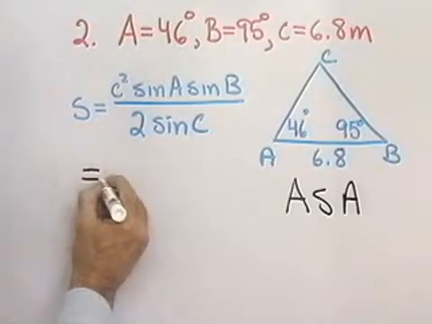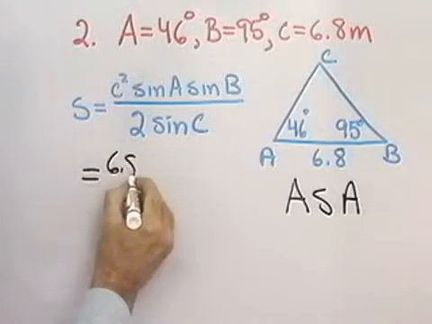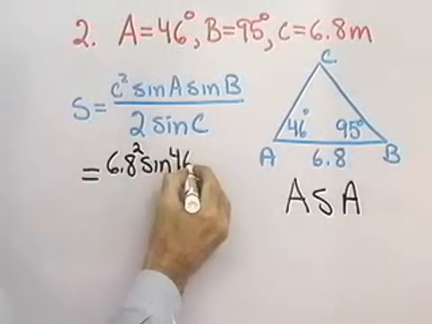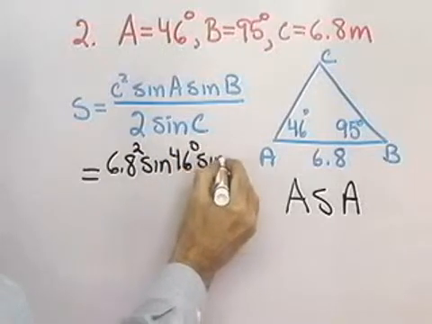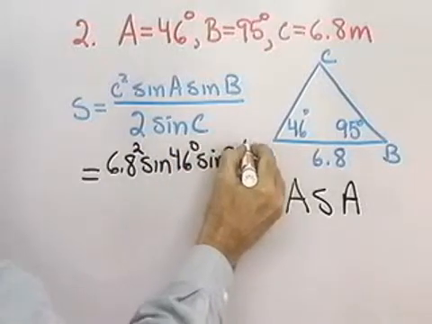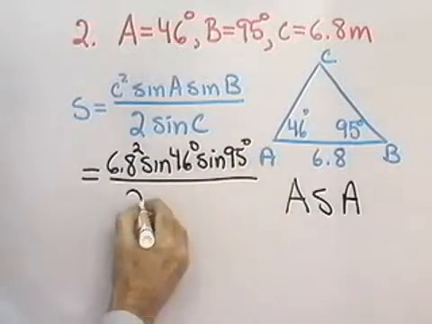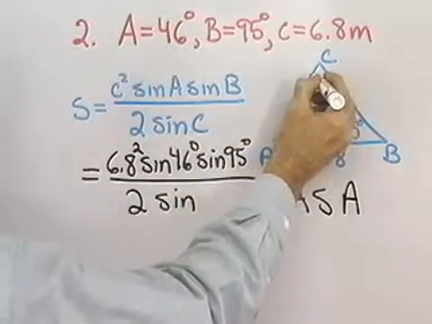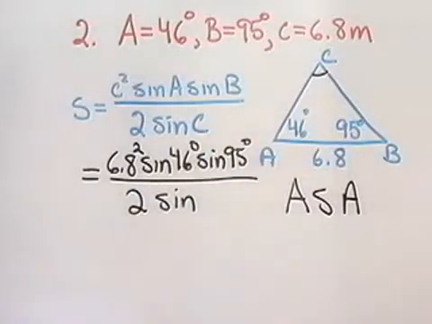Let's substitute in and see what we get. So it's going to be c squared, so 6.8 quantity squared, sine of 46 degrees, sine of 95 degrees, divided by 2 times the sine of, okay, this will be angle C up here. I'll have to find that. That'll be 180 degrees minus 46 degrees plus 95 degrees.